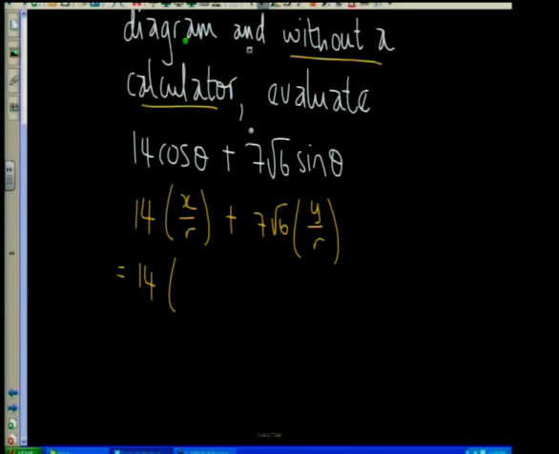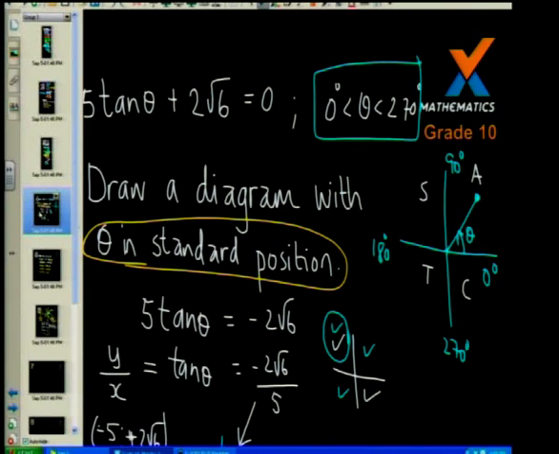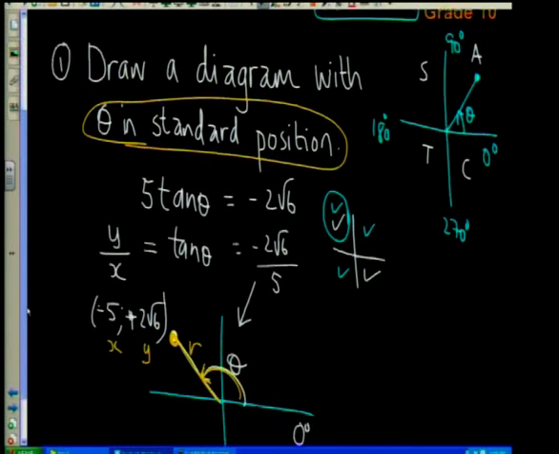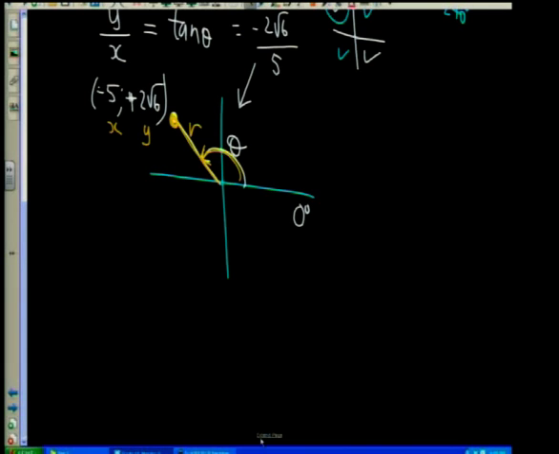We'd get 14 times the x value, which you saw was minus 5. We then have to work out what our r is. 7 root 6. Let's just go here. We haven't yet worked out what our r is. So we would get x squared plus y squared is equal to r squared.